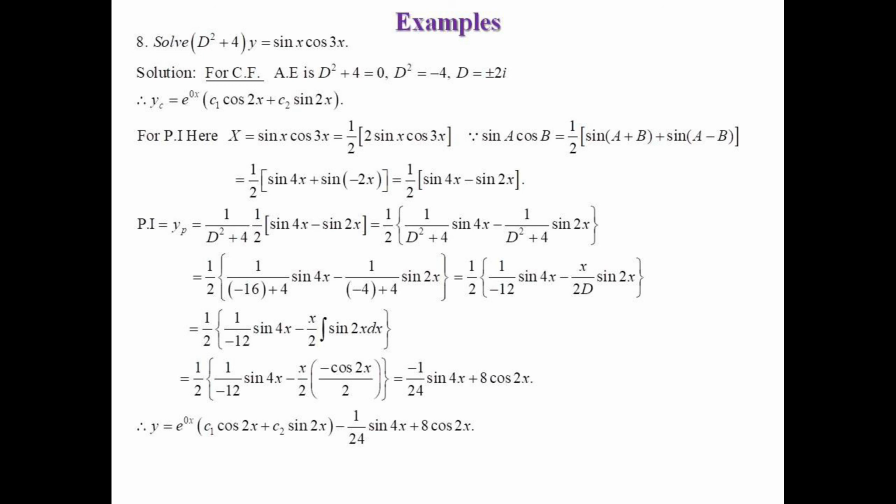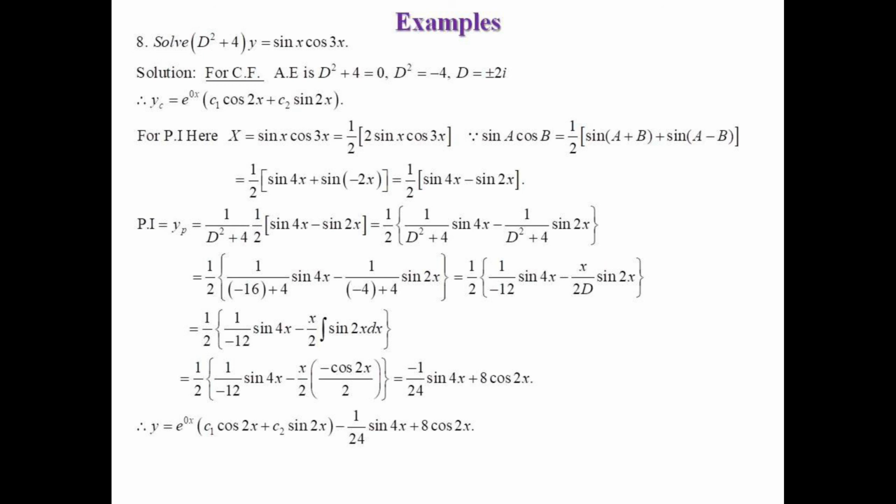After writing this, the particular integral is 1 upon f of D, which is 1 upon D square plus 4, times capital X, which is 1 upon 2 (sin 4x minus sin 2x). Capital X has two terms, so let's split it into two parts. 1 upon 2 is common for all remaining steps.